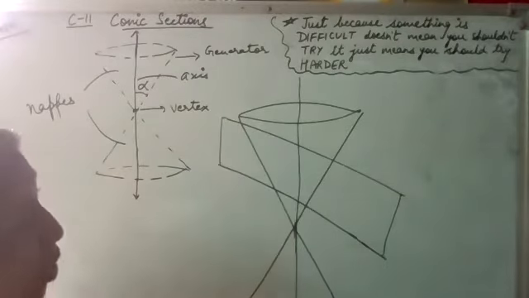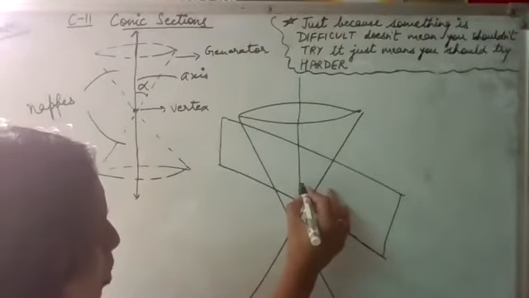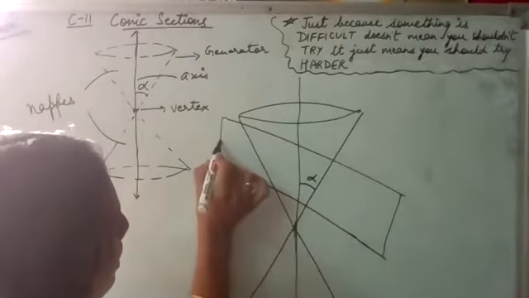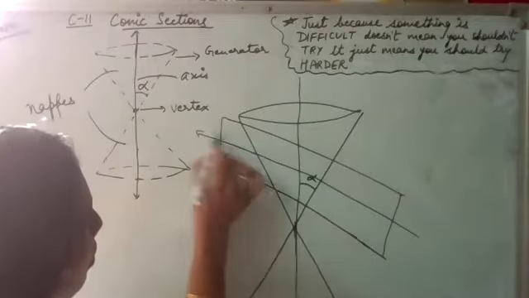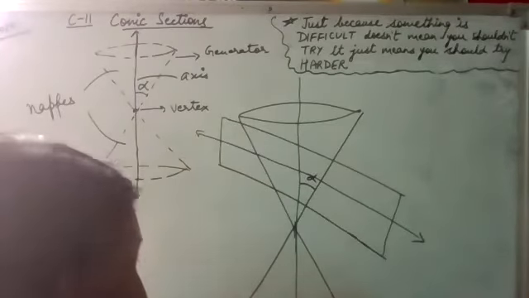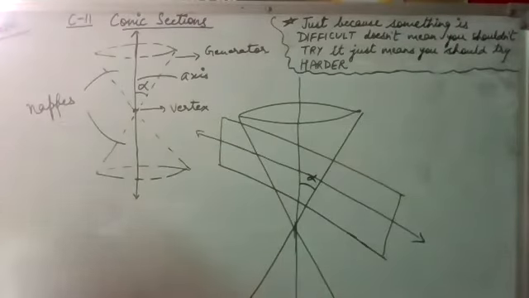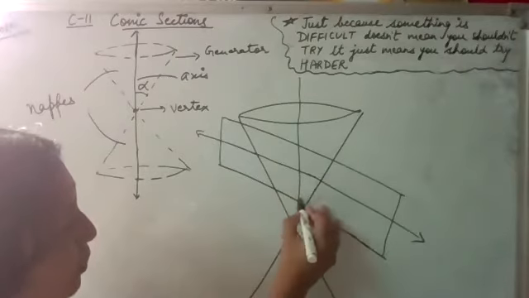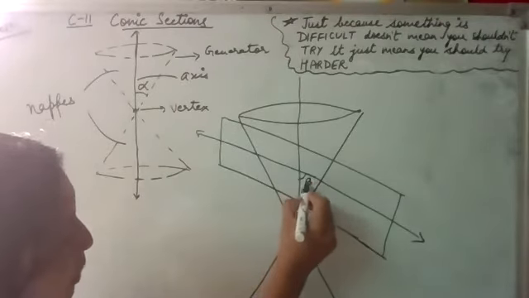And this plane also has an axis. So this is a plane. The angle between the axis of the cone and the generator was alpha. And another angle we are taking: this is the axis of the cone, and this is the axis of the plane surface, and the angle between both the axes we are taking as beta.